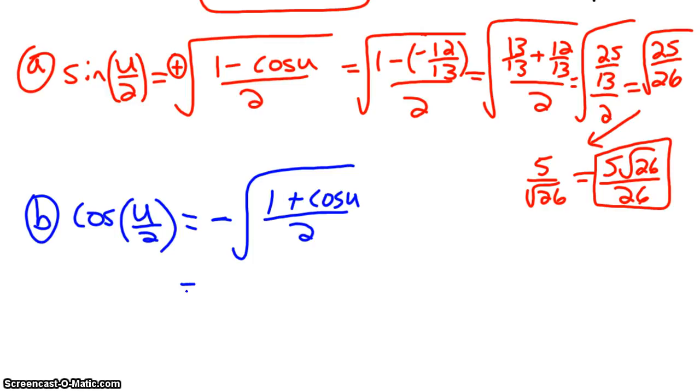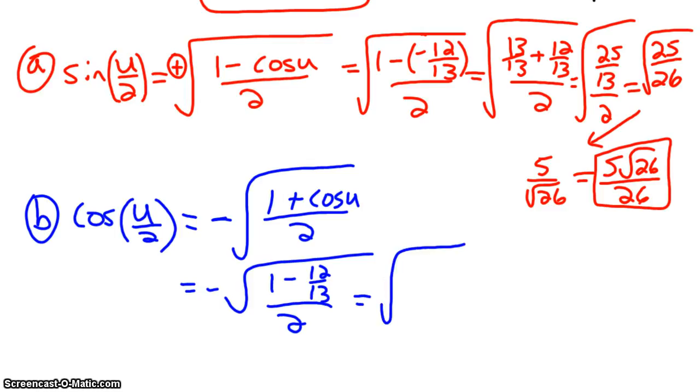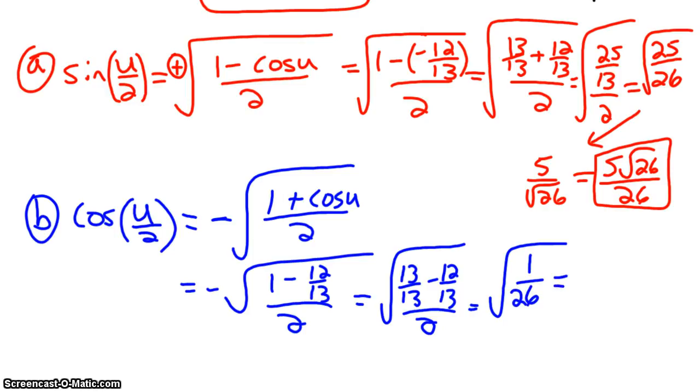If I substitute in, this time I will have 1 minus 12 over 13 all over 2, which gives me an LCD in the numerator of 13 over 13 minus 12 over 13 all over 2, which yields 1 over 26 as our radical.